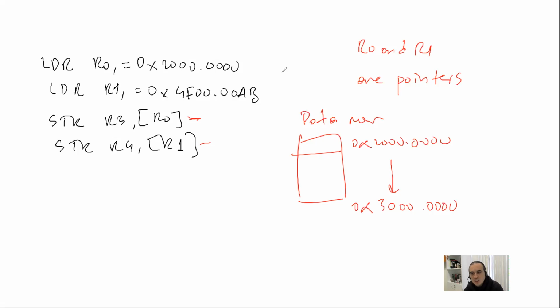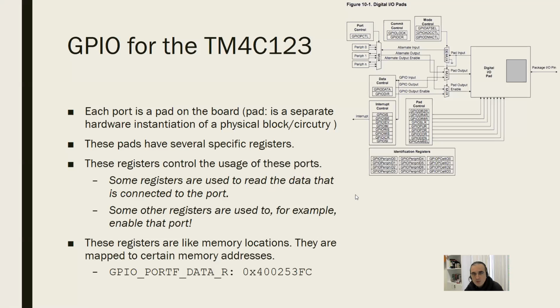Well, check the data sheet and find out which control register or which port is connected to this location. Any questions? Any questions? Good. So I guess you understand.